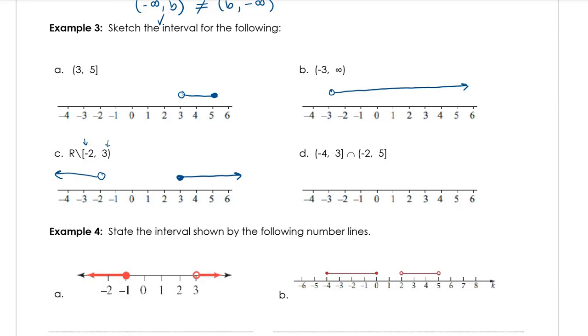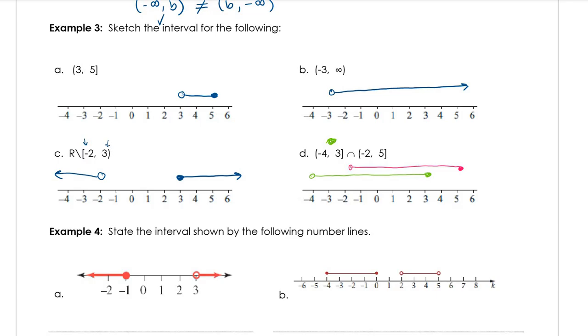For this one here, it's a little bit trickier because you have to find the intersection points between them. So negative 4 to 3 would go from here to here, with that being a coloured in circle. For the second part, which was negative 2 to 5, we would have an open circle here and a closed circle here.